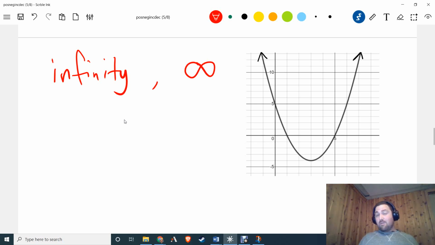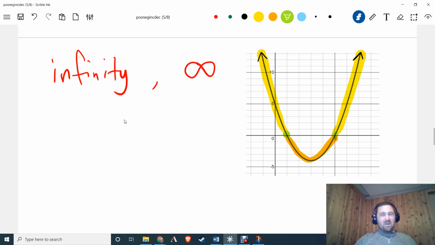So if we look at this graph here and highlight where it's positive, it's positive in this part, positive over here, it's negative in this part, and it's equal to 0, it looks like, right on the x-axis again, just like before.